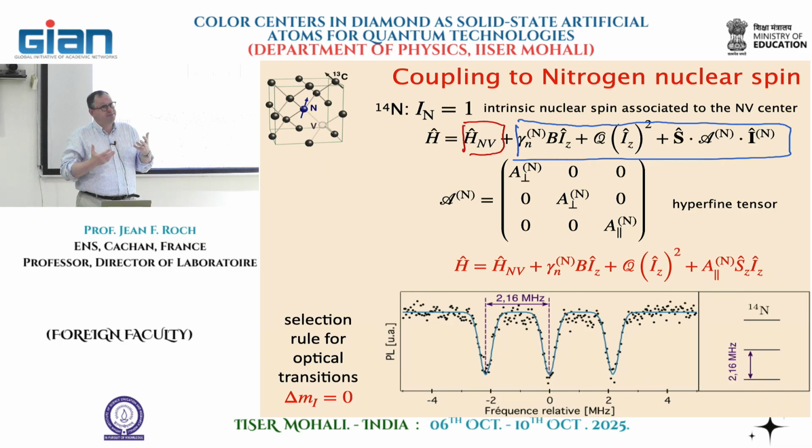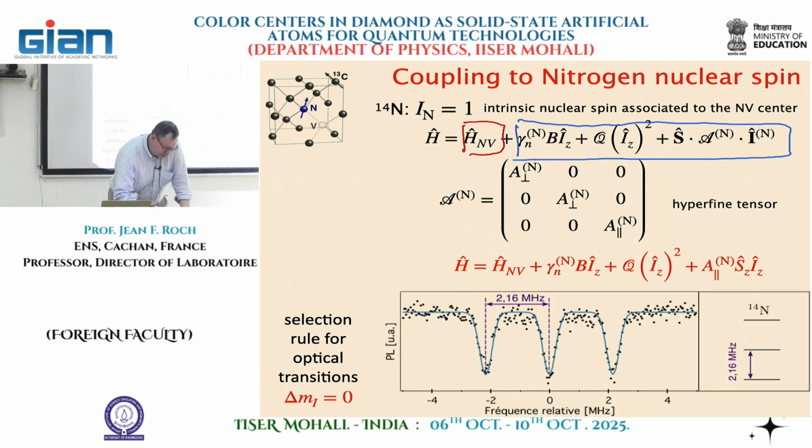Okay? So we have the same kind of thing here. We will have the Fermi interaction, and we also have the direct magnetic dipole-dipole interaction between the dipole of the NV and the dipole of the other system. That leads to a tensor form of the hyperfine interaction, and basically this tensor form has two terms.